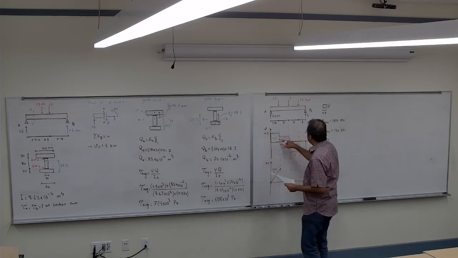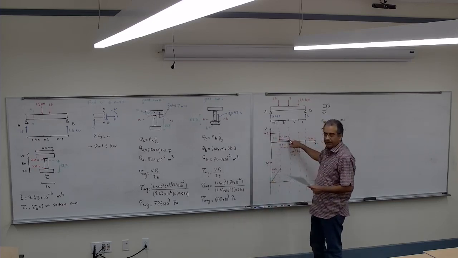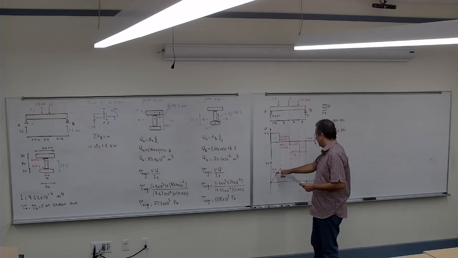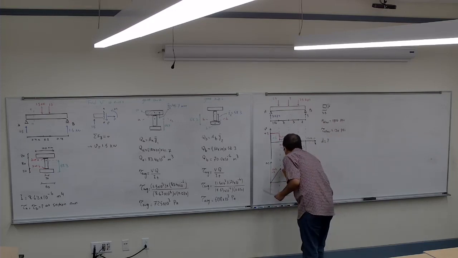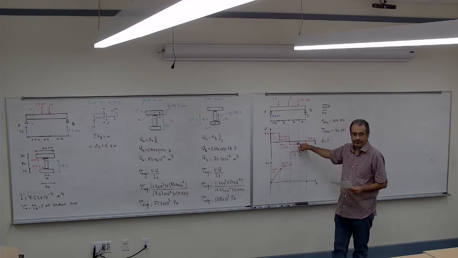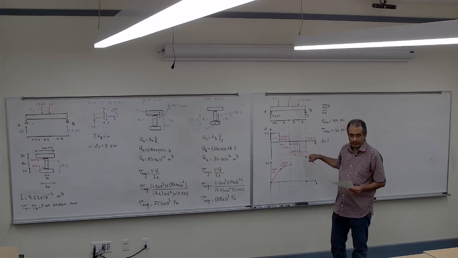Then from here to here, again it is positive, so still I'm going up. How much? 6 plus 1.5. I'm going up linearly. This means it's going to be 6 plus 1.5, which is 7.5. Then here it's negative, so I'm going down. Again, how am I going down? Linearly.